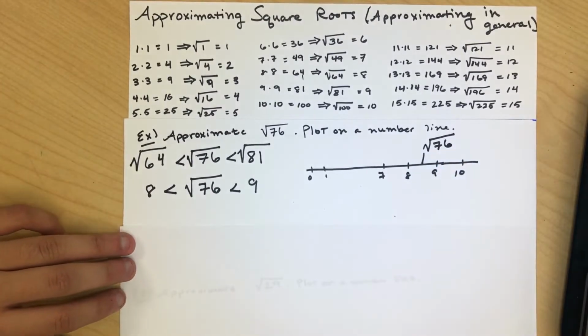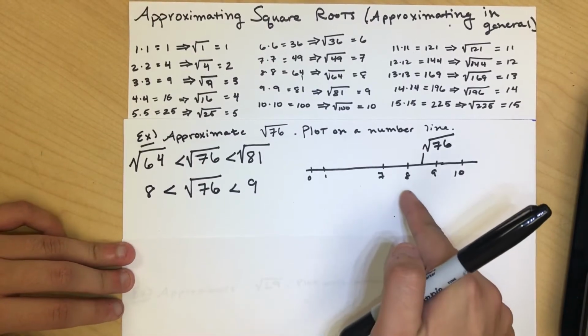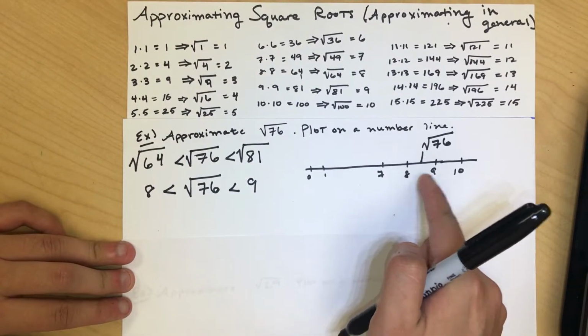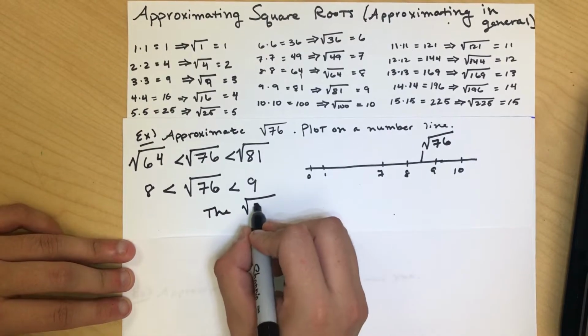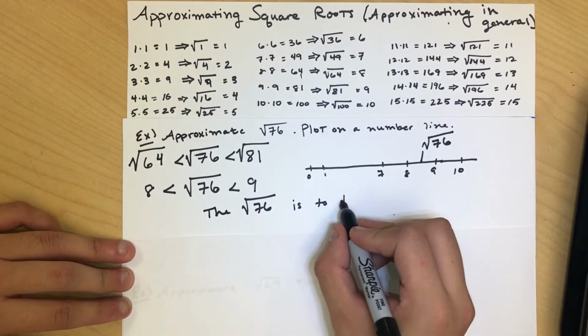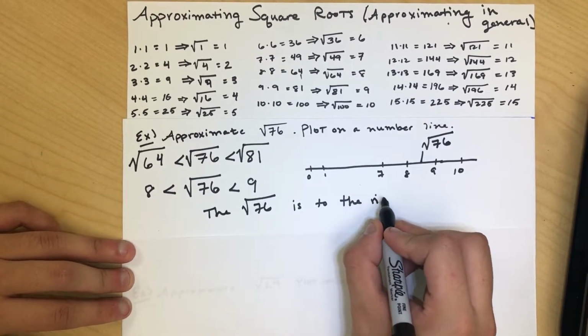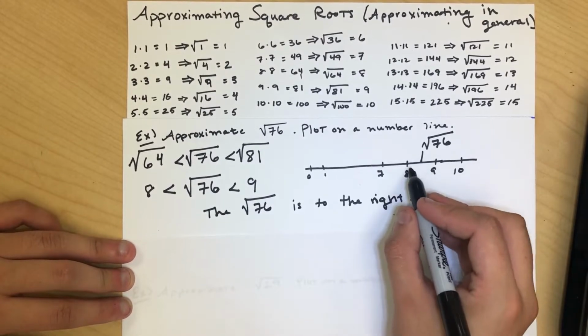And what can we say about its position relative to the number line? We can say the square root of 76 is to the right of what? It's to the right of 8.